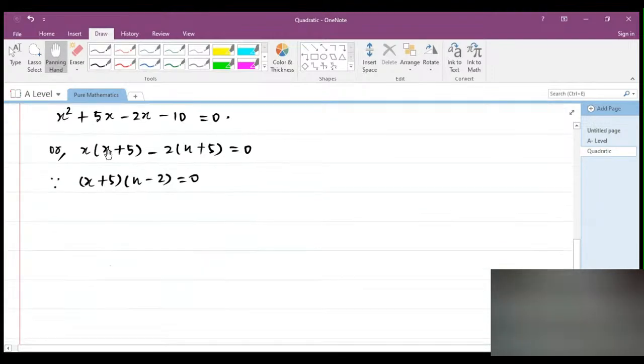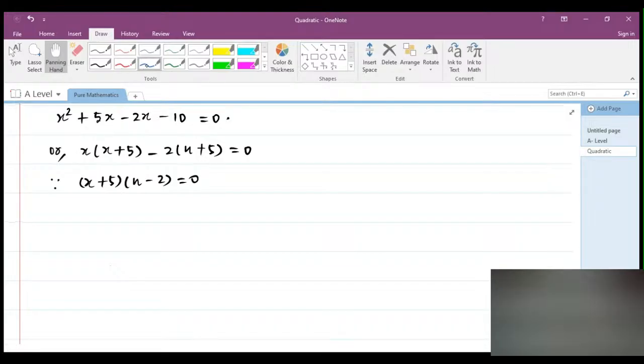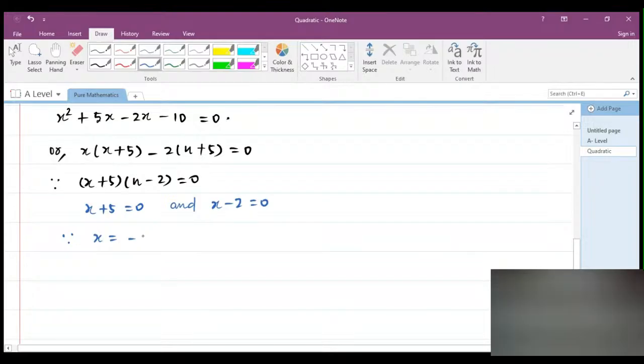So the next step will be x plus 5 equal to 0 and x minus 2 equal to 0. Therefore, x equal to minus 5 and x equal to 2.